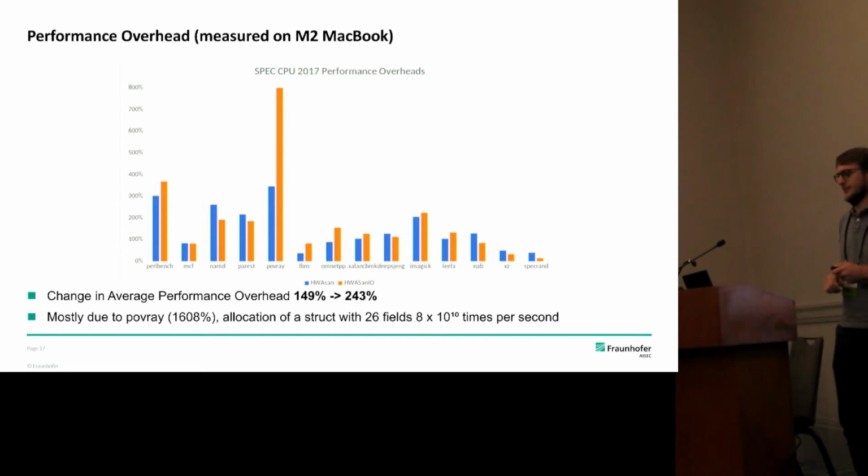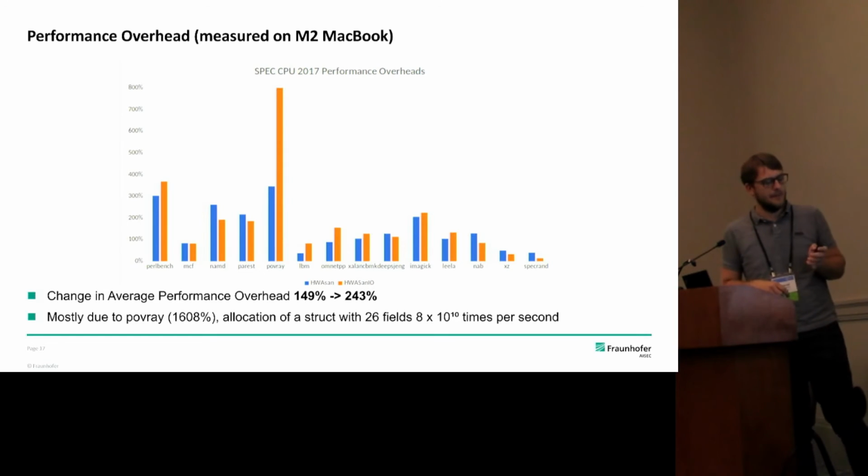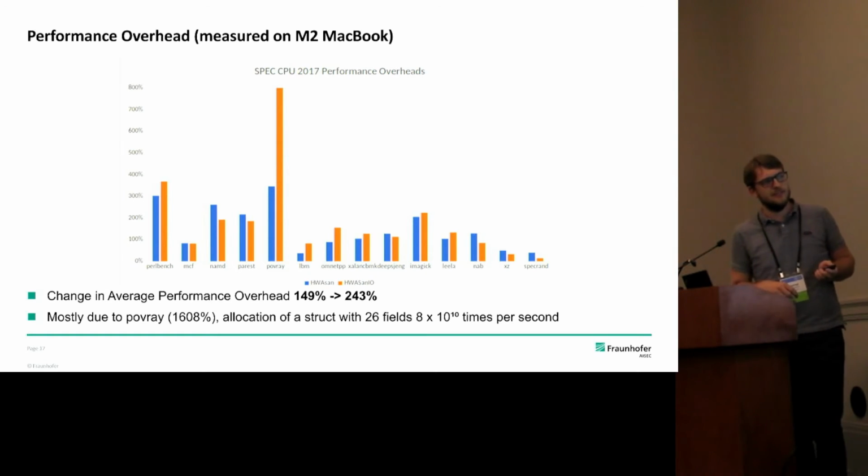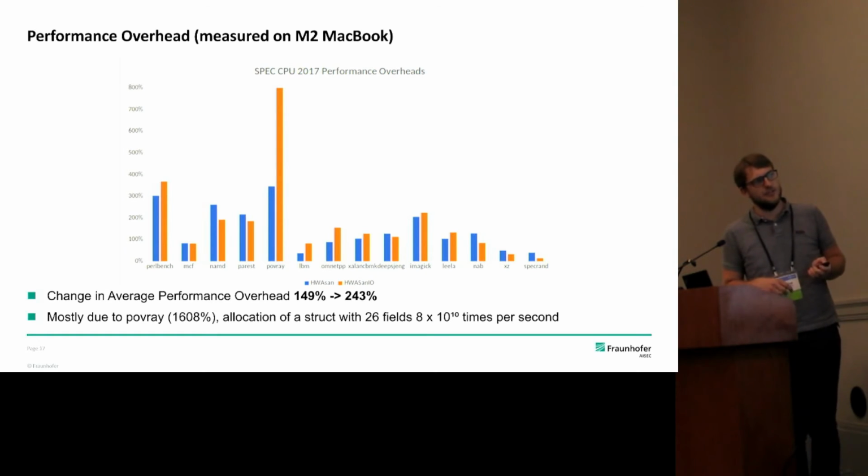When looking at the performance overhead, we measured it on an ARM device, the M2 MacBook, and we used the SPEC CPU benchmark. So as you can see, the blue values are the unmodified hardware-assisted AddressSanitizer. Orange is our framework. And for most test cases, you only see a small increase in the performance overhead.